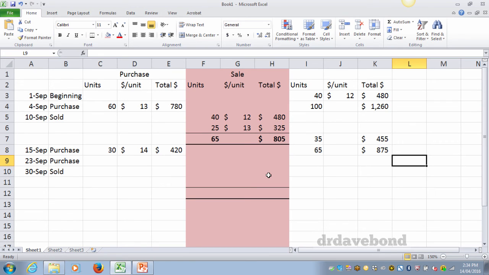So if we go 35 is what we had, we buy in another 30. So now we've got 65 units. We then buy some more, and that is 45 units at $15 a unit gives you 675.